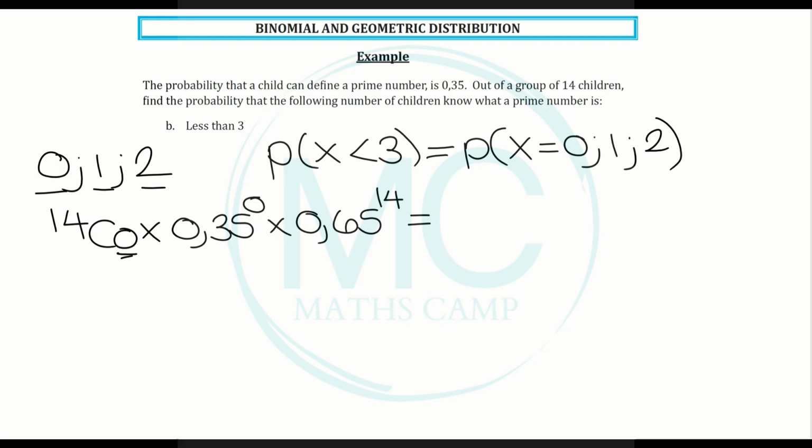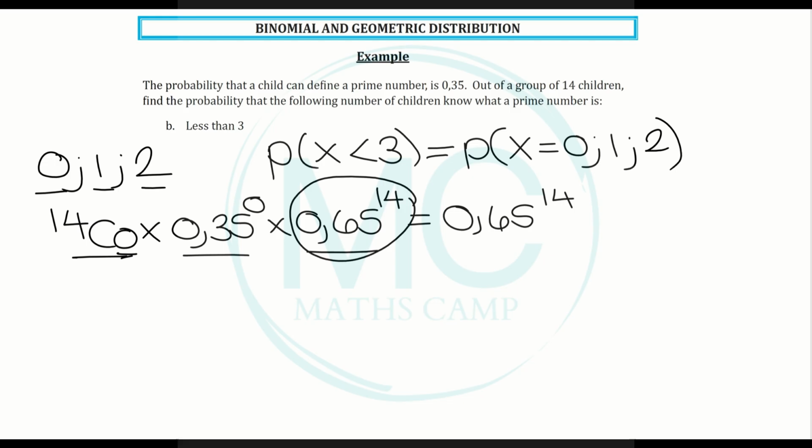We also know that if you have a value with an exponent of 0, your answer is 1. So in this case, we have 1 multiplied by 1 multiplied by 0.65 with an exponent of 14. This is the only value I need to consider. So I'm going to say 0.65 with an exponent of 14. I'm going to leave it like this for now.